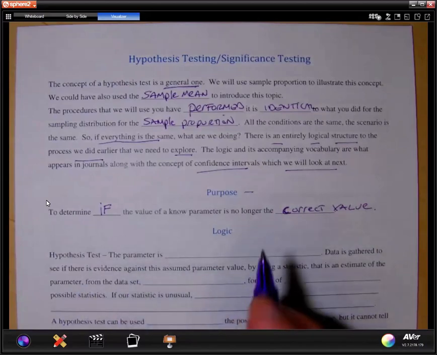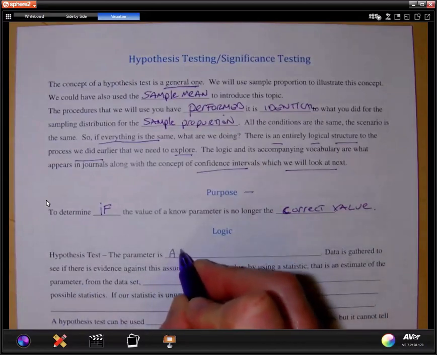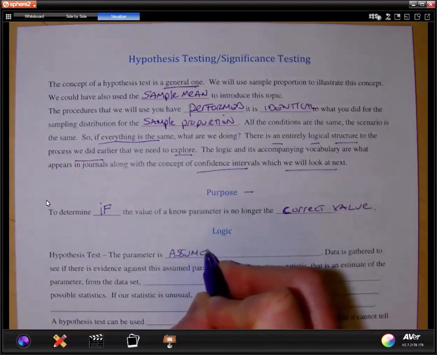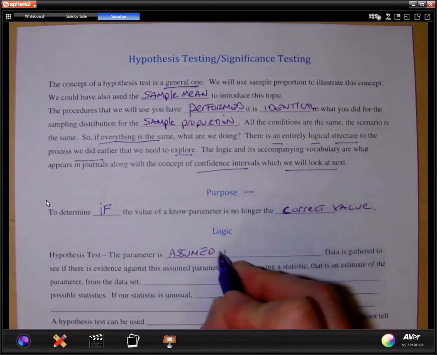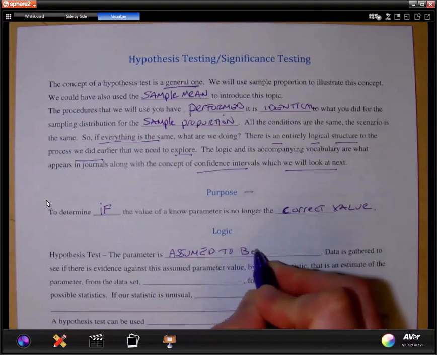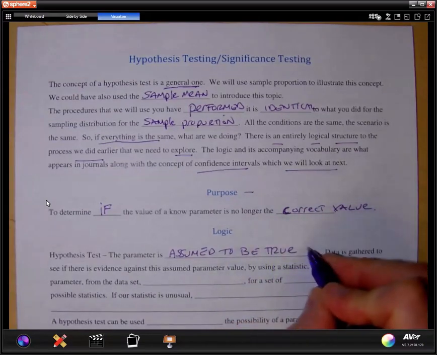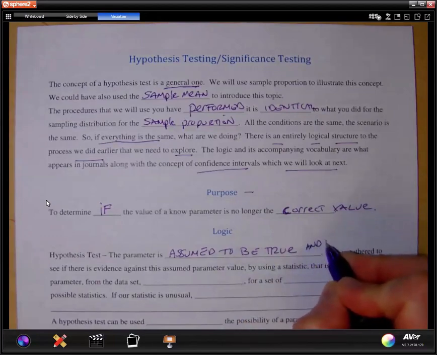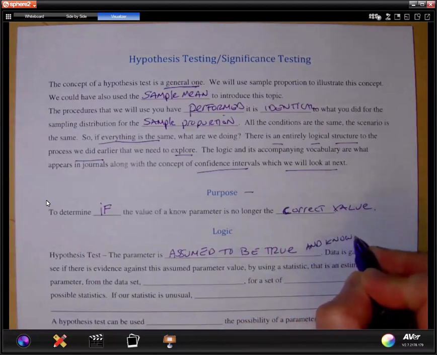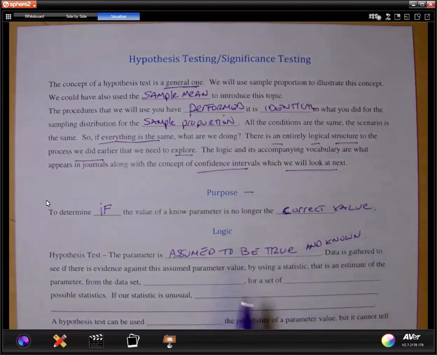So the logic is this, a hypothesis test. The parameter is assumed to be true. And known. How do we know this? How do we know it's true?